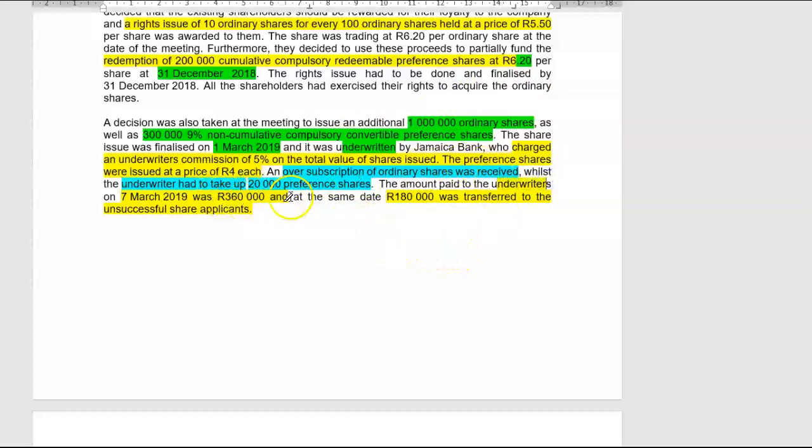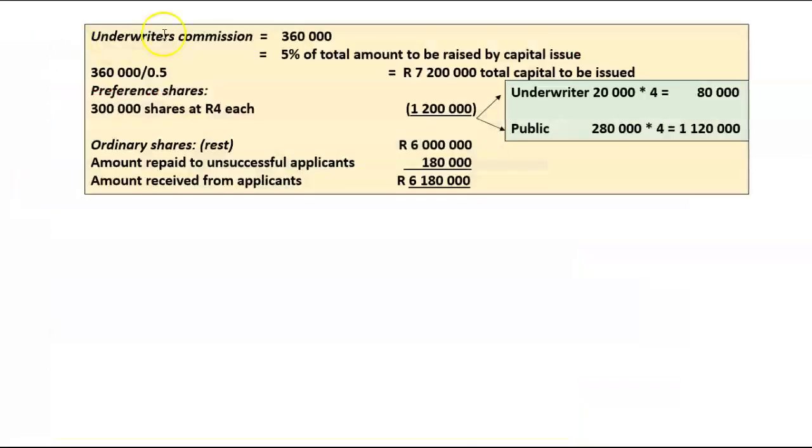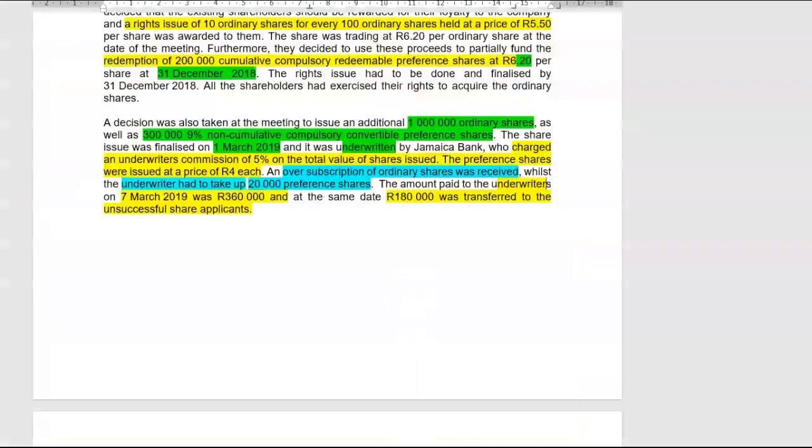Why? Because on what do I pay underwriter's commission? On the total value of shares that I wanted to issue. So we're going to start here. We say the underwriter's commission equals 360,000. They tell us that equals 5% of the total amount that they wanted to raise. 5%, right.